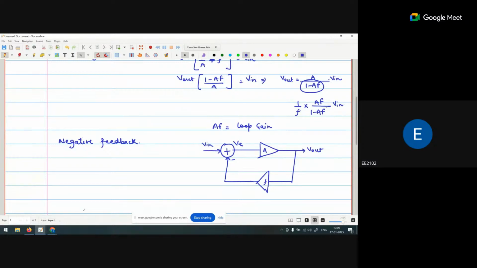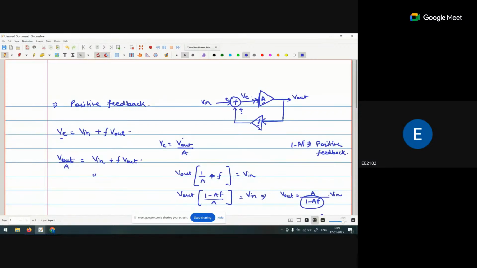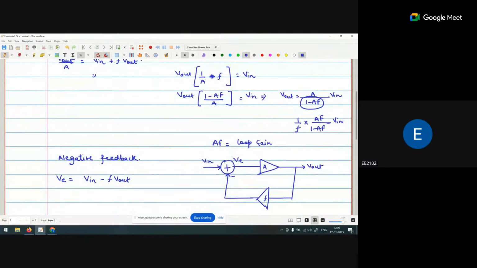Okay, this will be subtracted. So my error signal V is equal to V in minus F times V out. Here it is a plus F times V out. Okay, now here is a minus.